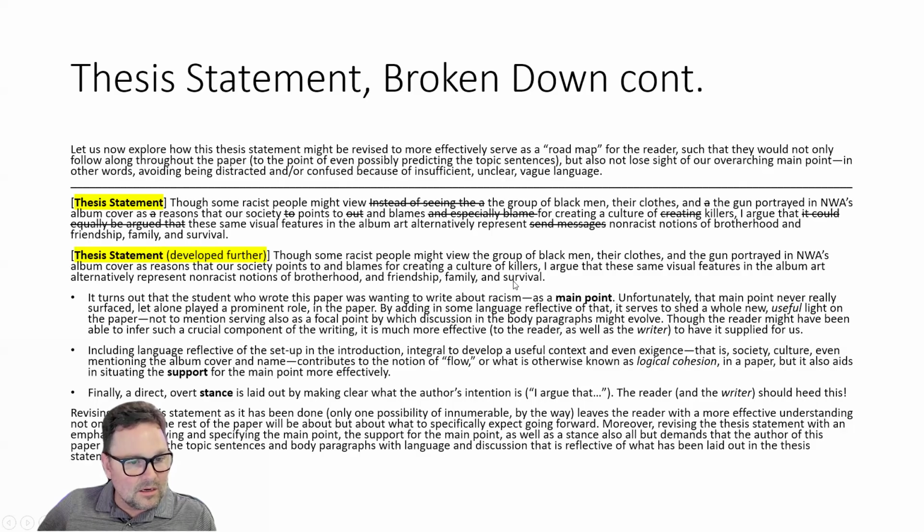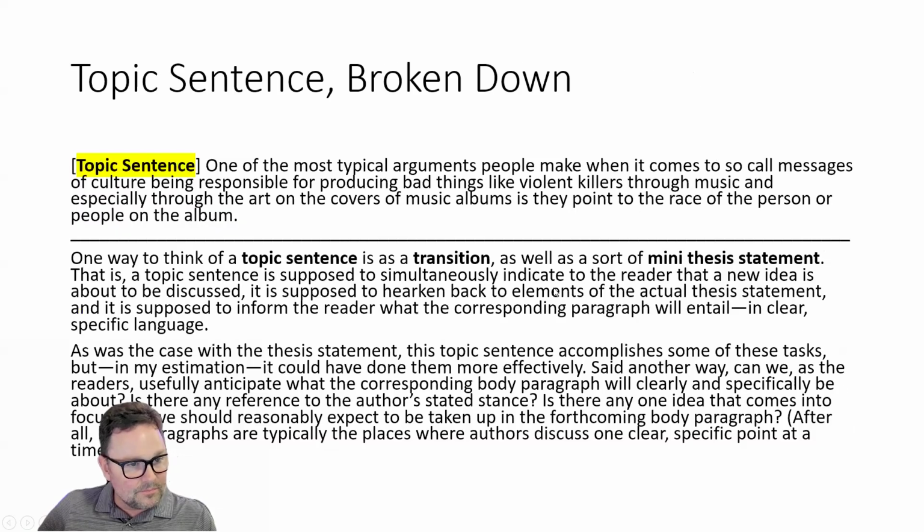These four items are going to anchor each of the body paragraphs, and that's why this acts like a roadmap. We can expect, as the reader of this thesis statement, at least a body paragraph on brotherhood and how that's represented in the album cover, and then ideas of friendship, of family, and survival. The way that we get at those ideas in the bodies of our papers is through topic sentences.